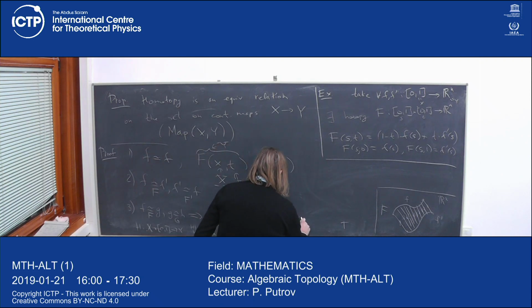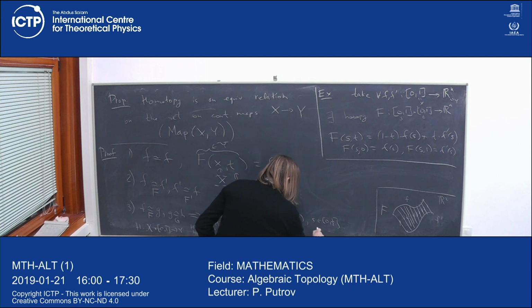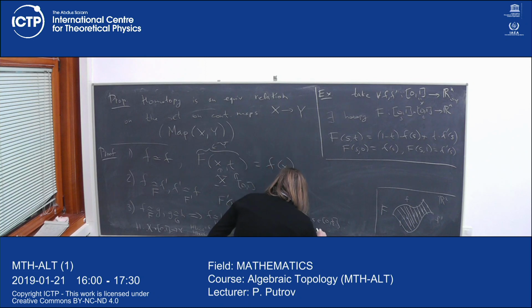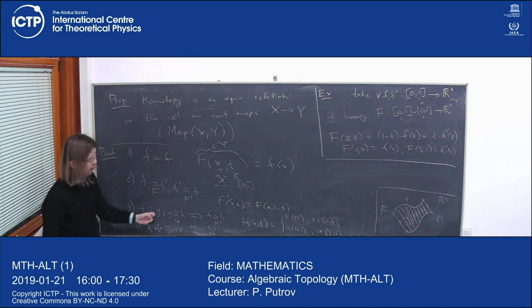So we split our interval into 1/2, from 0 to half, and so on the first half we use a homotopy between f and g.